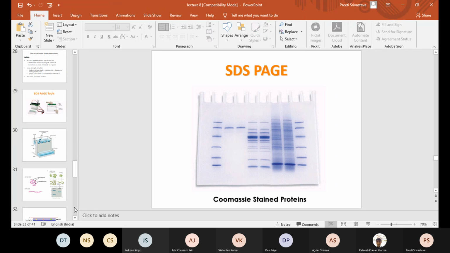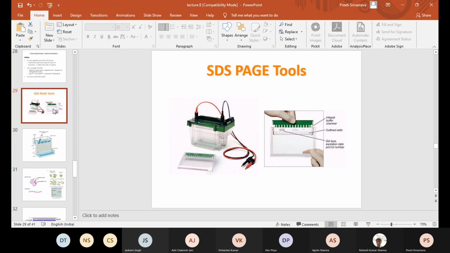This is how the apparatus looks. These are the glass plates. What you are seeing in green is the plastic comb, which is used for preparing the wells. This is the lid. This is from Bio-Rad, which we have in the UG lab. It is connected with cords, which can be connected to the power pack.